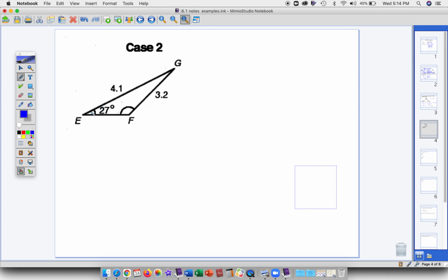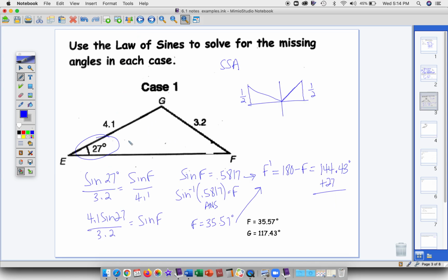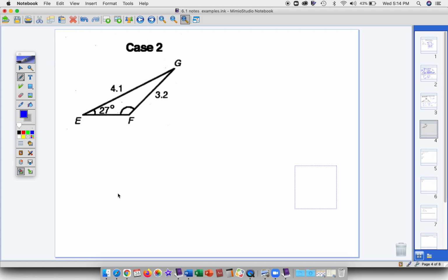Because when you have two sides and a non-included angle, and you have the same thing in another triangle, it could be this triangle and it could be this triangle, which are obviously not congruent. So we call this the ambiguous case, meaning there are different possibilities. Side-side-angle is the ambiguous case.